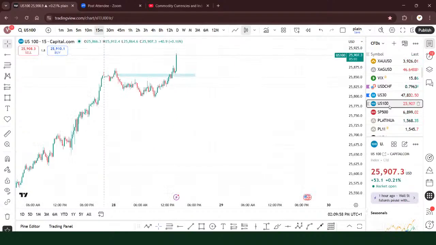I'll be waiting to look at what will happen tomorrow, because we have a lot of high impact news coming out tomorrow. I believe it should still push price to the upside. Nonetheless, we cannot tell until we see the end of today's price action, and that would give us a more informed bias as to what to expect in this market. All right.